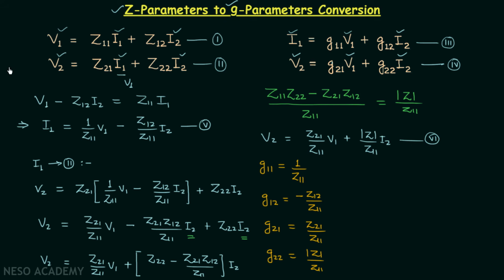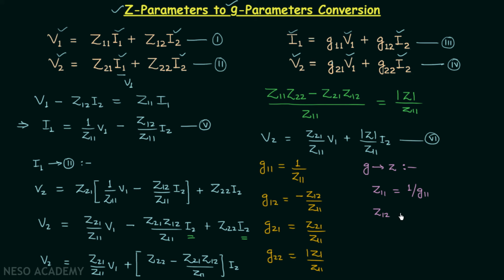Now we will move on to the conversion of G parameters to Z parameters. In order to convert the G parameters to Z parameters, you have to obtain the forms of equations we are having in first and second equations using equation number 3 and equation number 4. When you follow the same idea, you will have the result: parameter Z11 equal to 1 over parameter G11.